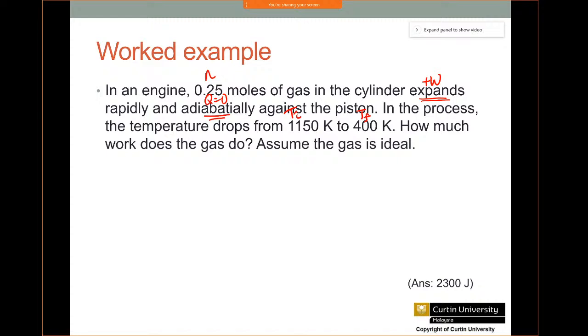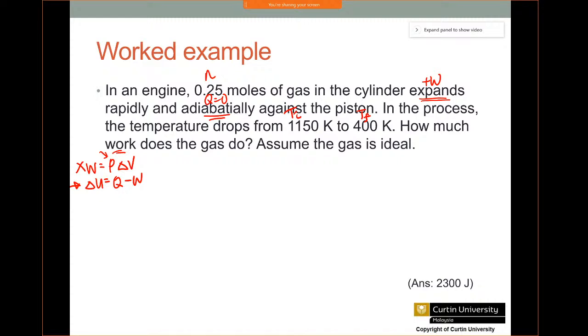So let's solve this question. In order to find the work done, work done can be found from P times the change in V, or it can also be found from the first law of thermodynamics, right? Delta U equals Q minus W. So in this case, we cannot use this one because we do not have information about the pressure.